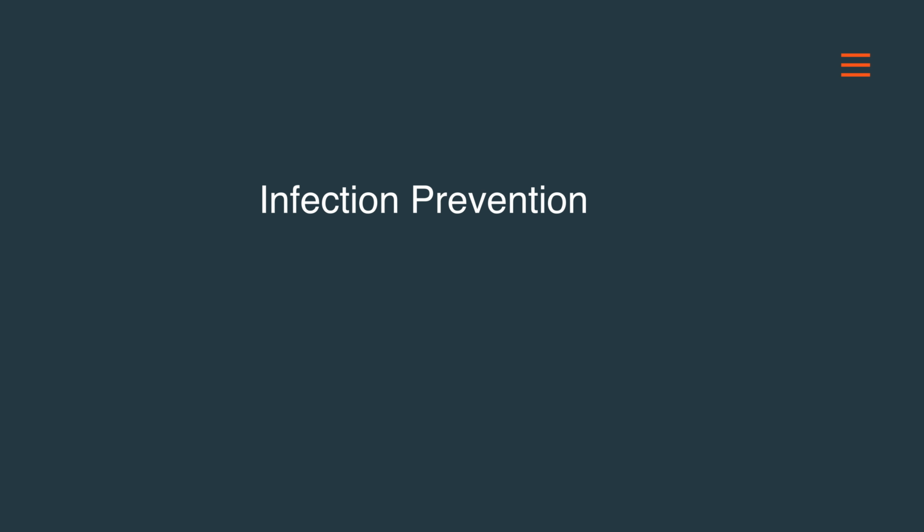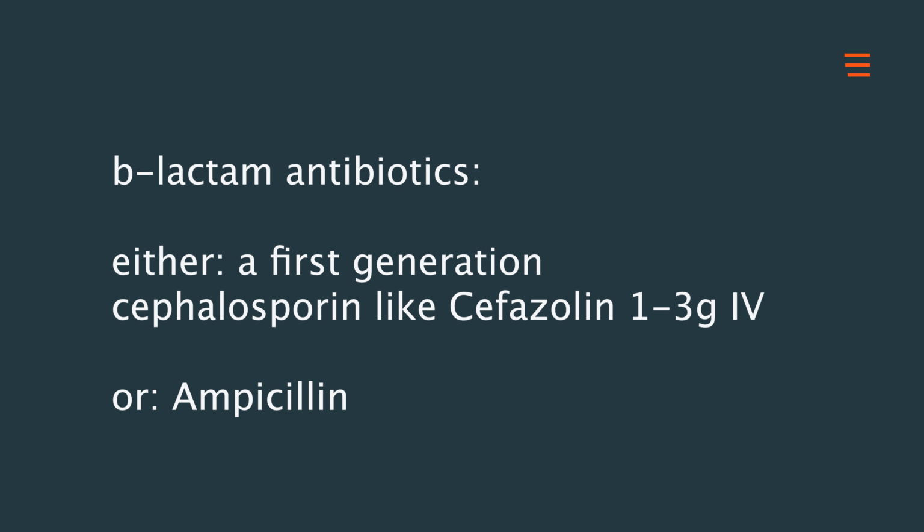Caesarean delivery is considered a clean contaminated case, and post-operative febrile morbidity is common. There are actions that should be undertaken to prevent these morbidities. A single dose of an antibiotic given at the time of Caesarean delivery significantly decreases infectious morbidities. Depending on drug allergies, most recommend a single intravenous dose of a beta-lactam antibiotic, either a first-generation cephalosporin like cefazolin 1 to 3 gram intravenous depending on weight, or ampicillin.